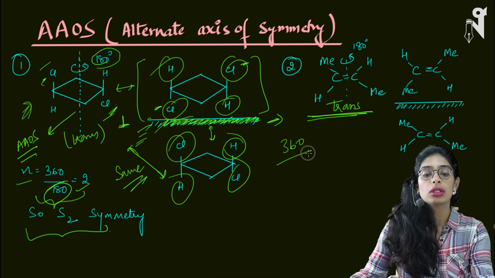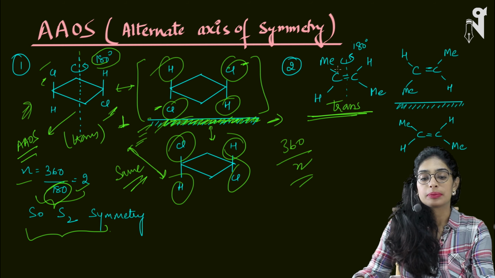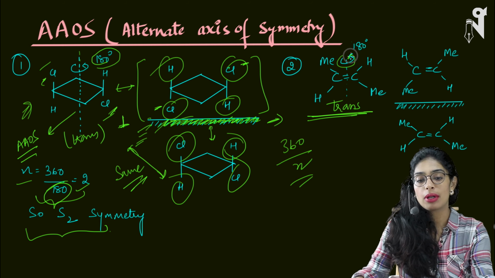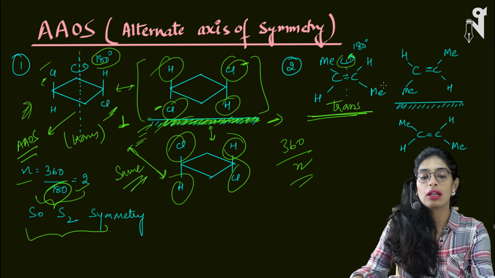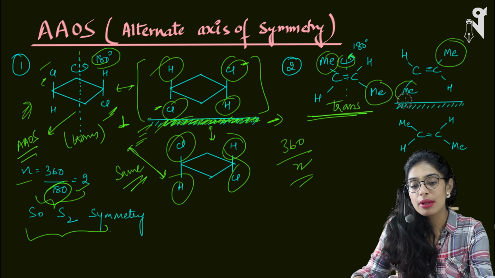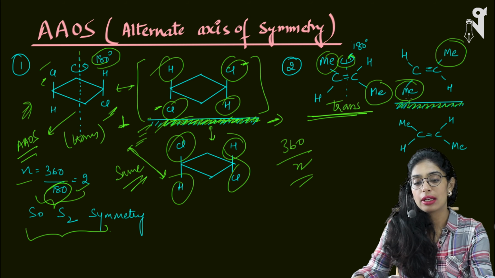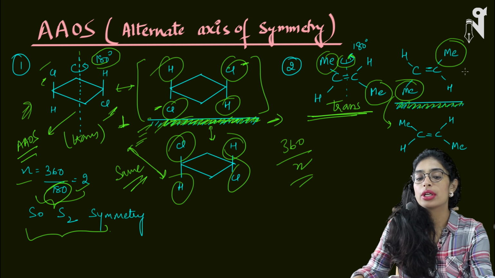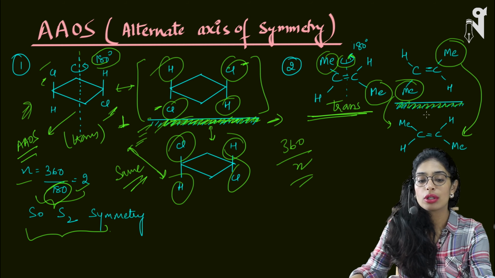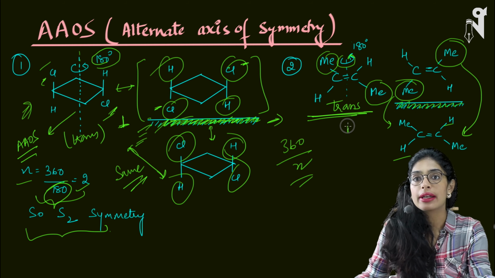So if I rotate it by 180 degrees, this methyl will come down here, this methyl will come up here, and hydrogen at these positions. Now if I place a mirror down here, what will I get? I will get this methyl here and hydrogen here. Just compare the first molecule and the third molecule. Isn't the first and third exactly the same? It's identical.